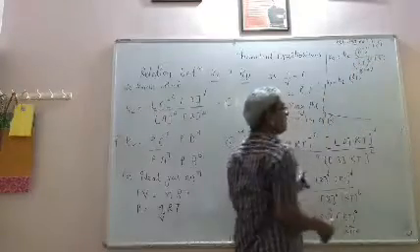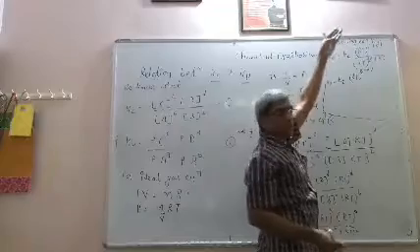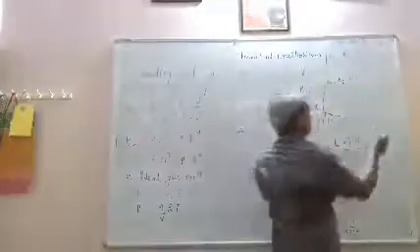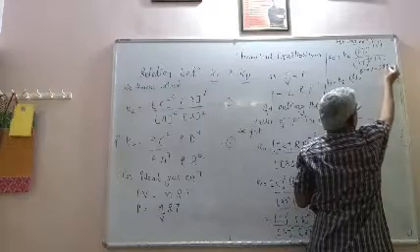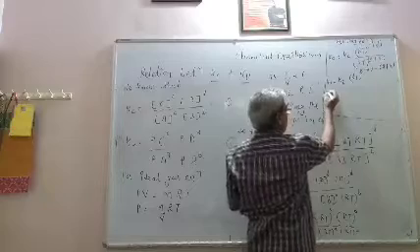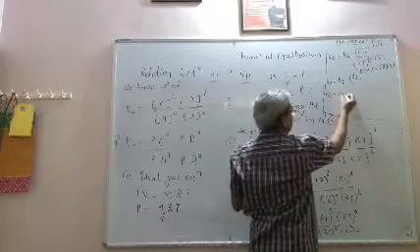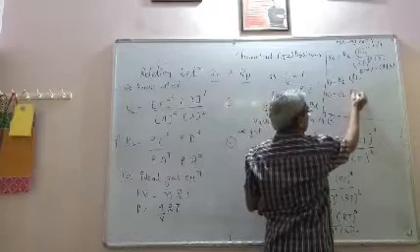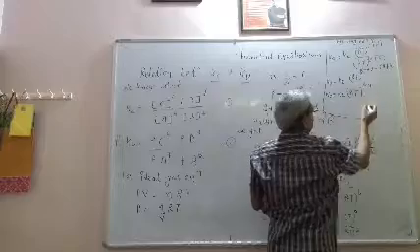RT common. Transfer this a plus b towards numerator. It becomes in minus sign. Therefore, minus in bracket a plus b. Or Kp equal to Kc RT raised to delta n.